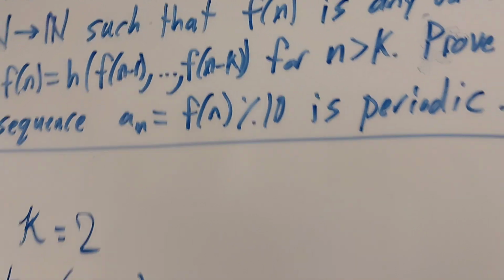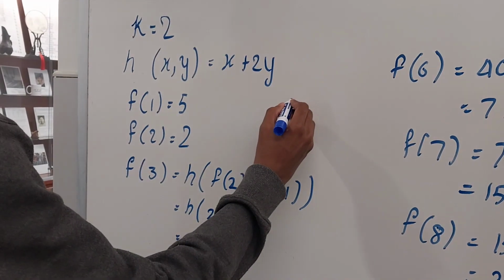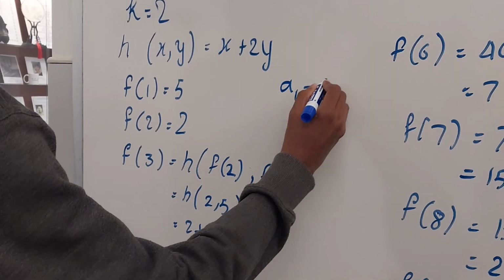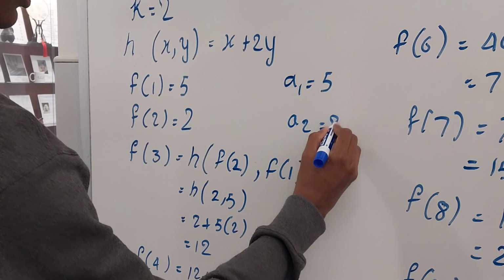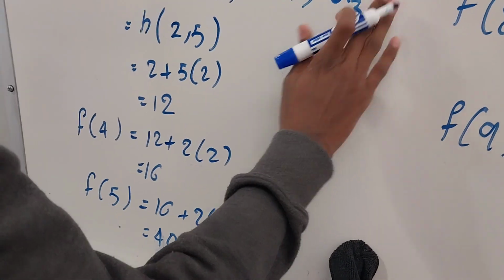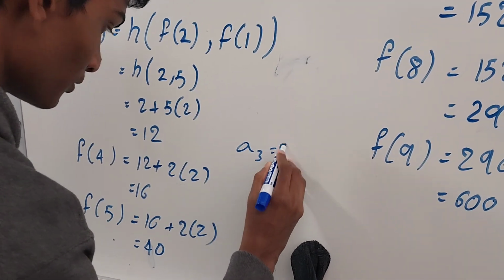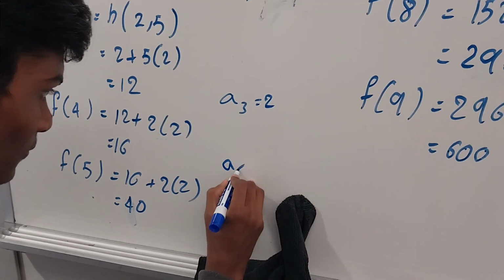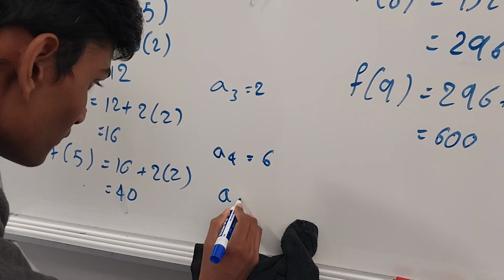The a_n sequence is derived by looking at the last digits. So there's a 5 for the first one. Last digit of this next one is a 2. Last digit of the next one, you want to write it all the way down there by the 12, I think, 2. Last digit down here is a 6. Last digit down here is a 0.